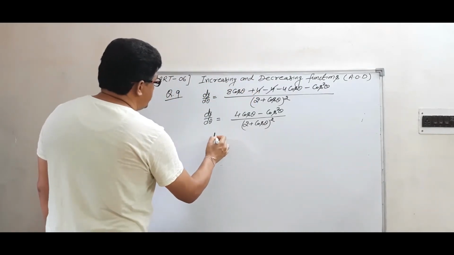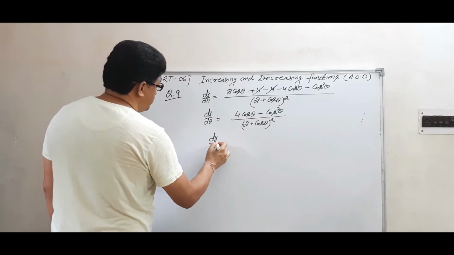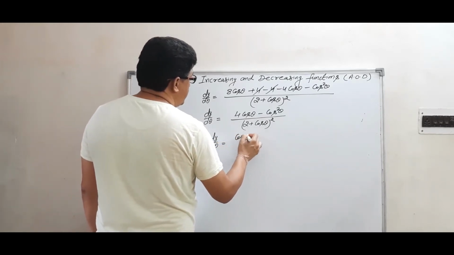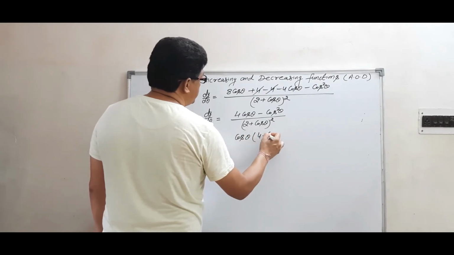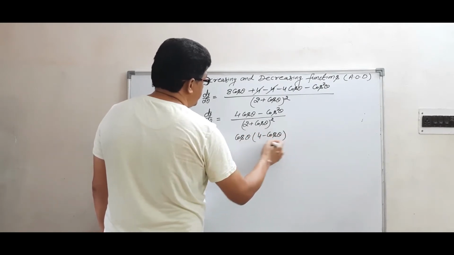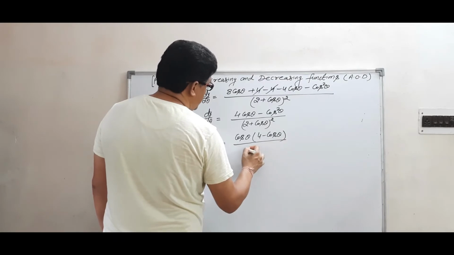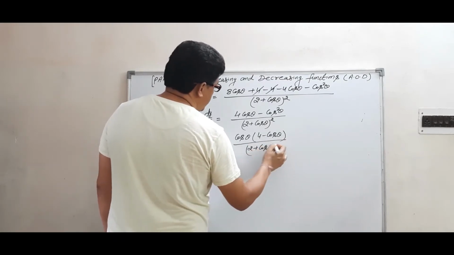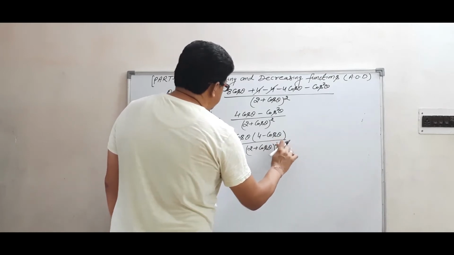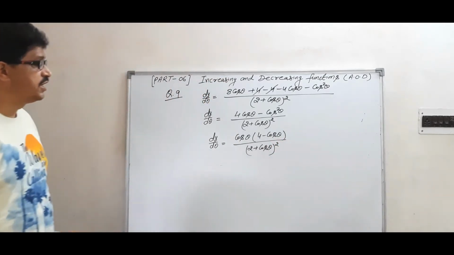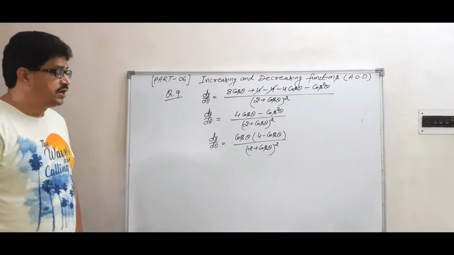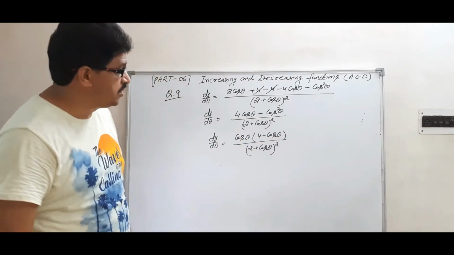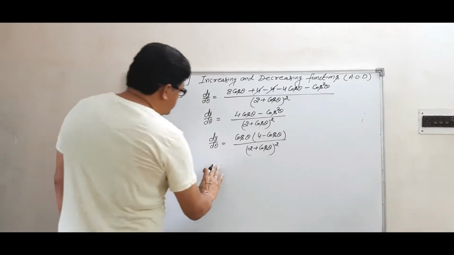So dy by d theta, cos theta common, 4 minus cos theta, upon 2 plus cos theta whole square. So you will get dy by d theta as cos theta into 4 minus cos theta, upon 2 plus cos theta whole square.